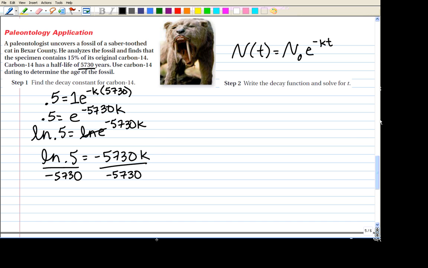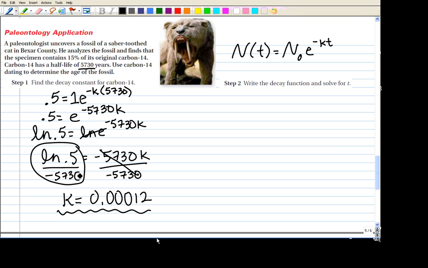Then we can take this, plug it into a calculator, and you'll end up that the decay constant is about 0.00012. Okay, so we're halfway there. We found out the decay constant.